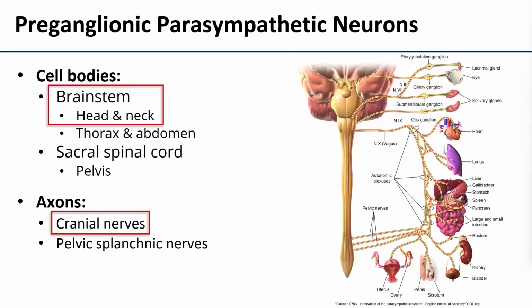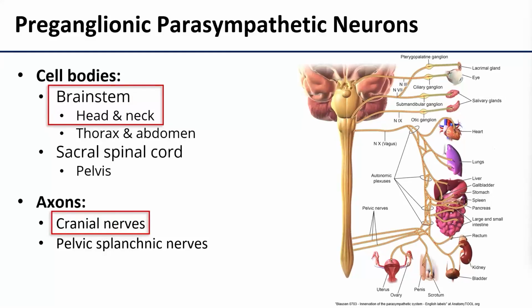All right. So we've named our preganglionic neurons. Now let's talk a little bit about them and where different parts of them are found. So their cell bodies, as we said, are located in the central nervous system. And we're going to narrow that down because they're parasympathetics and have craniosacral outflow.